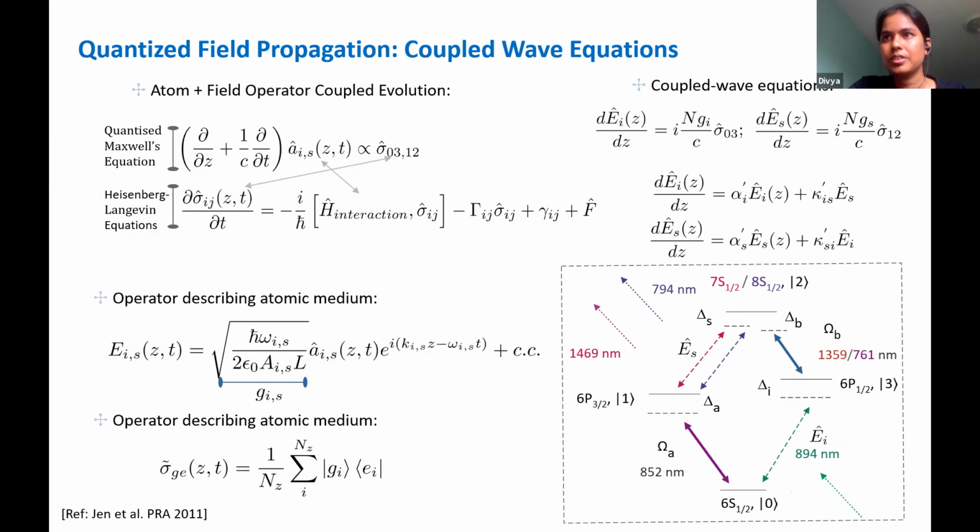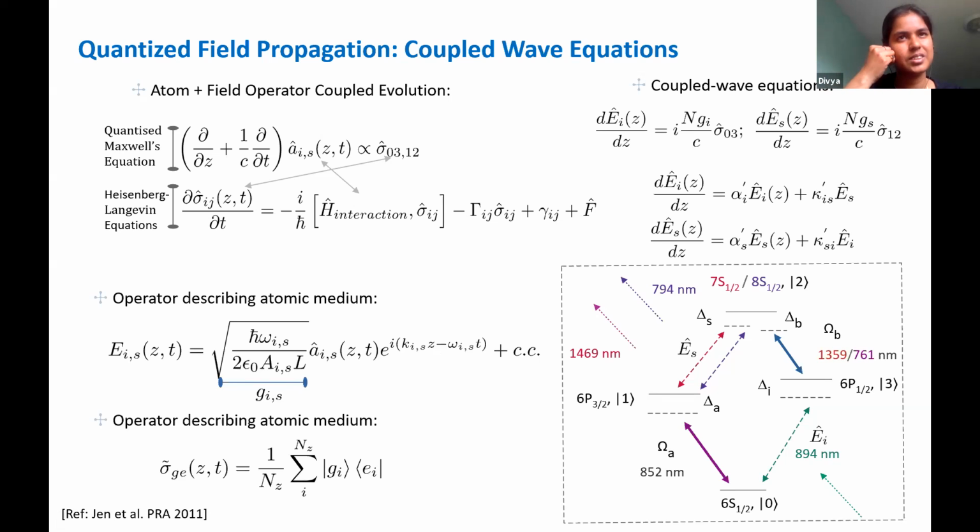So you must have made some assumptions. Yes, the steady state assumption is that the population is in the ground state and excited state, oscillating between them, and there is energy conservation.